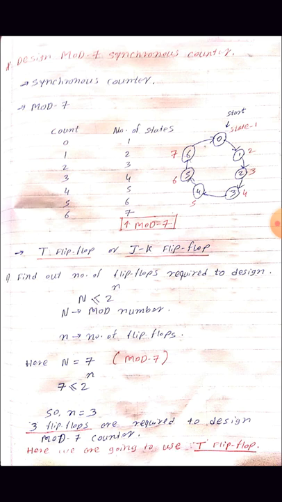As we already studied in class regarding the asynchronous counter, all of you know what is meant by the asynchronous counter. In asynchronous counter, we are going to use a different clock pulse for each flip-flop.